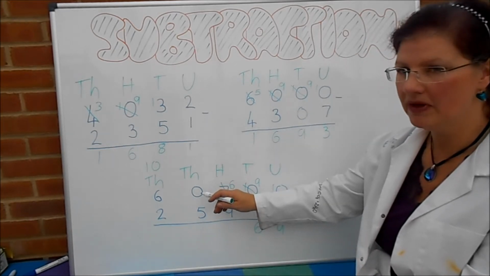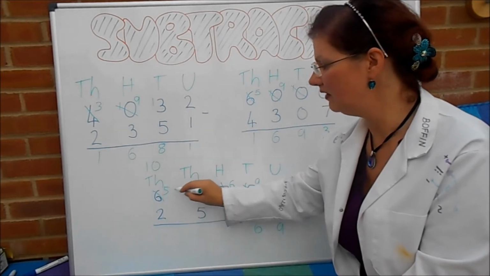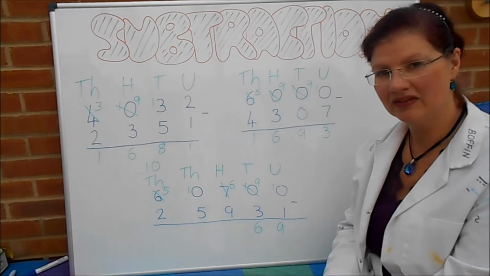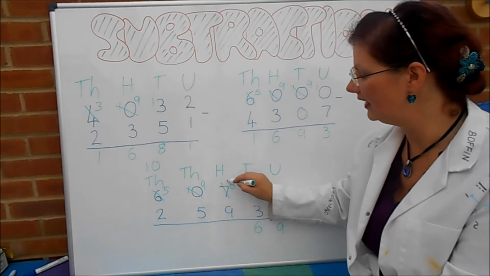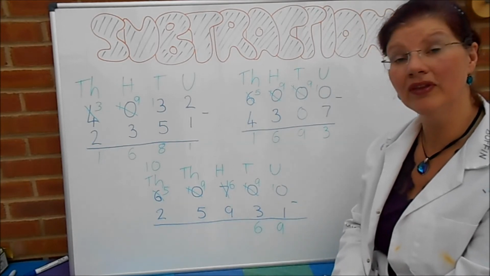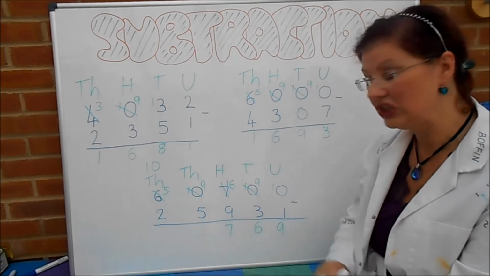Unpack one of these, but there aren't any. Unpack one of these. So here's 5 with 10 in the next column, and then we unpack one of those to make 9 there and an extra 10 in the next column. So that's 16 take away 9, which is 7.